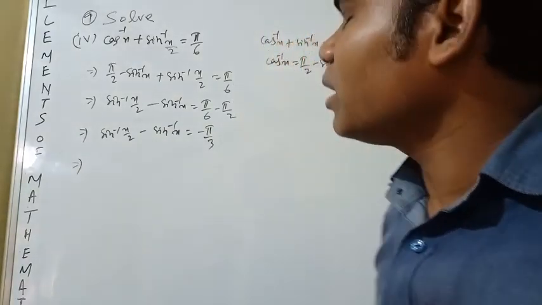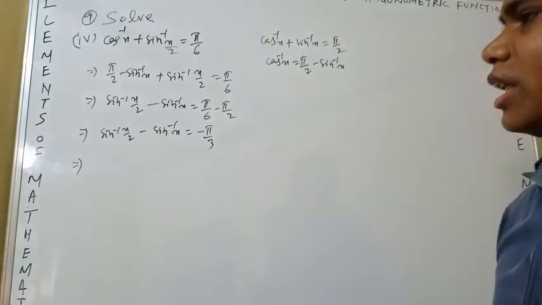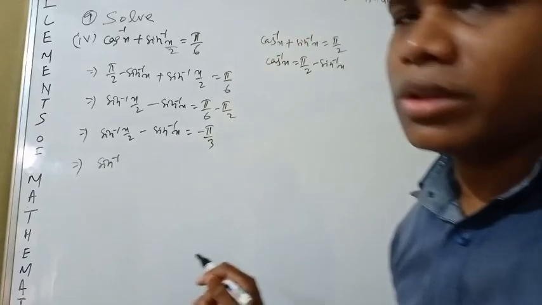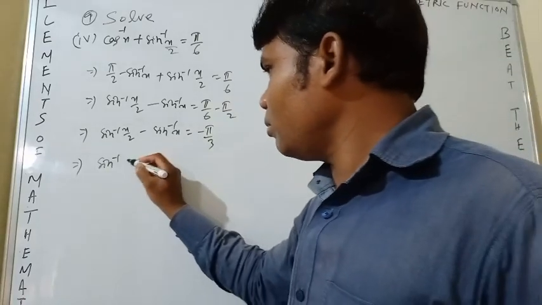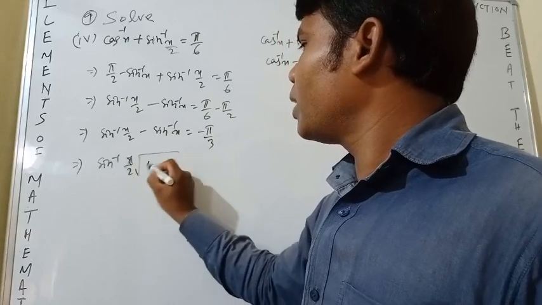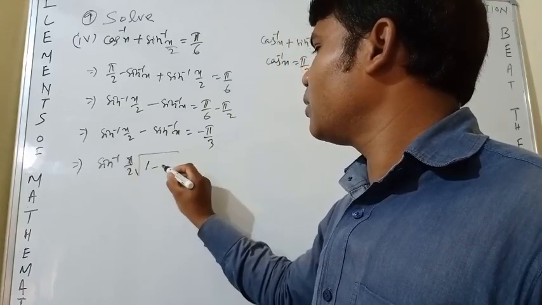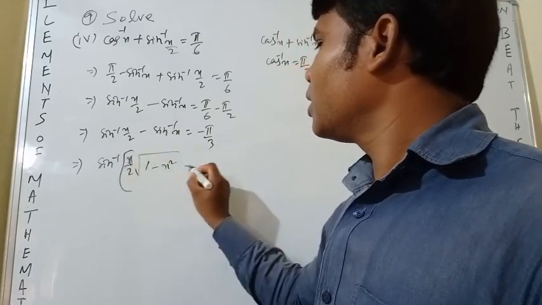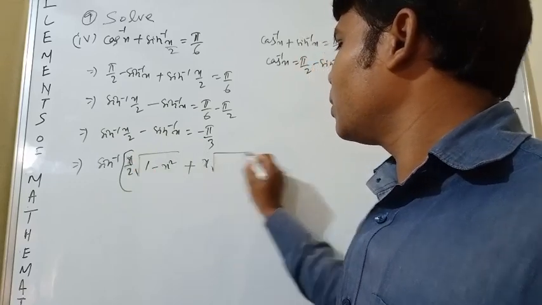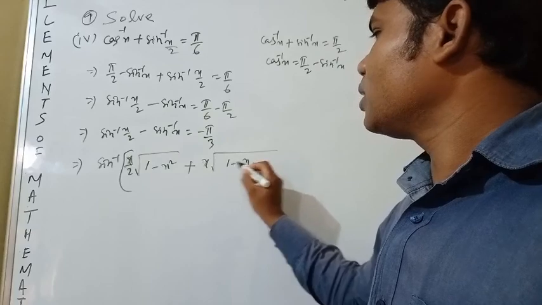So you apply here sin inverse x minus sin inverse y is equal to sin inverse of x root over 1 minus y square minus y root over 1 minus x square.